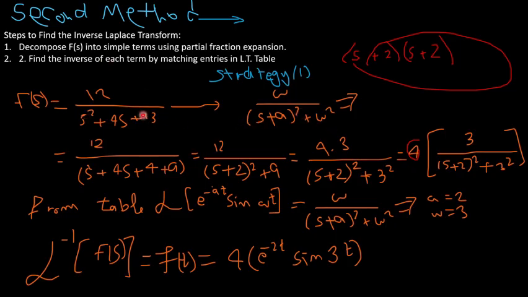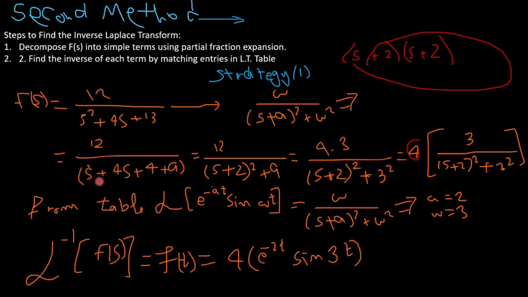So if you have a function in the table which is similar to the F of s you have, then you need to manipulate it, if you can, to have it exactly like the one in the table and then find f of t. We can do this here. We can write s squared plus 4s plus 13 as s squared plus 4s plus 4 plus 9.